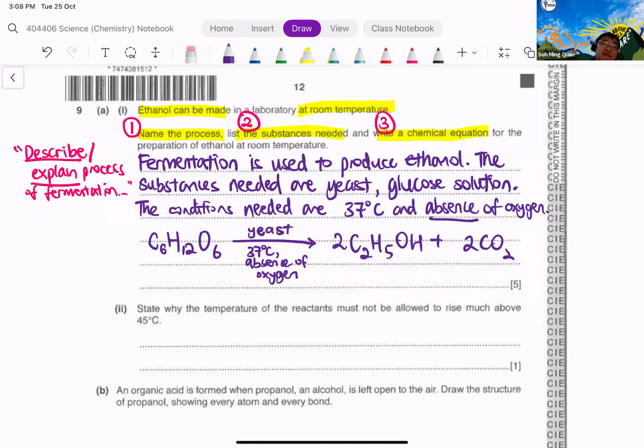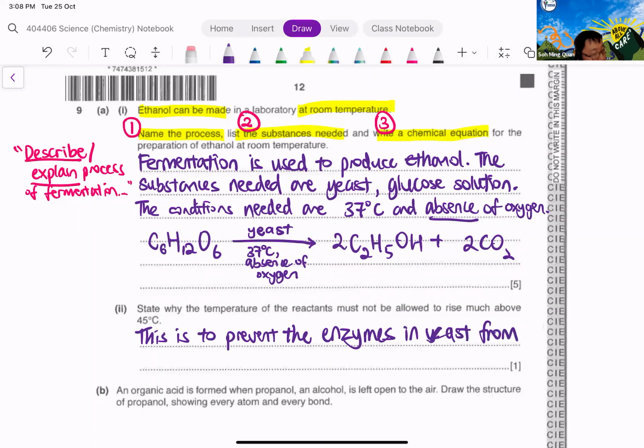Now, next, state why the temperature must not be allowed to rise much above 45 degrees. So the bio students will find this easy, right? We have mentioned before. You cannot allow it to rise above 37, in fact, because this is to prevent the enzymes in yeast from denaturing.